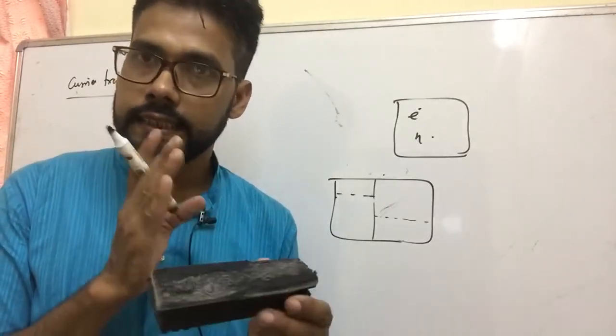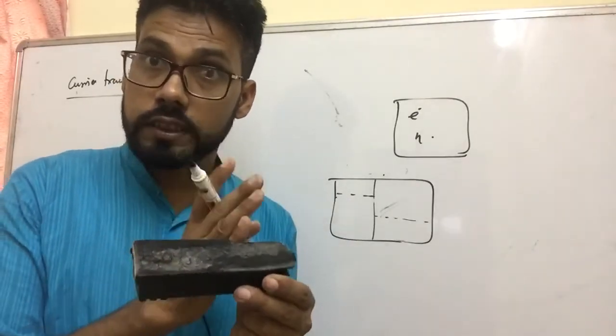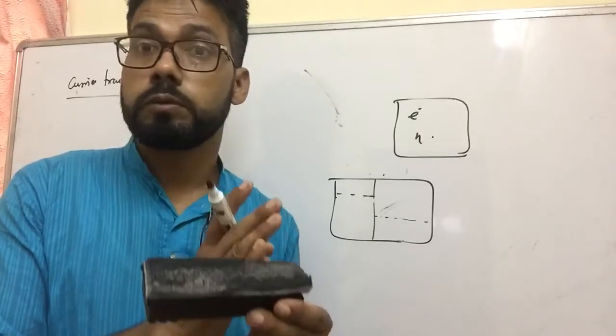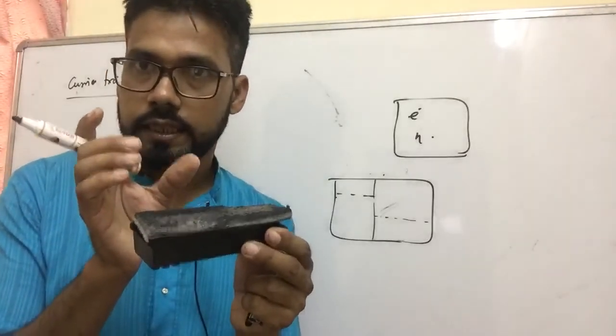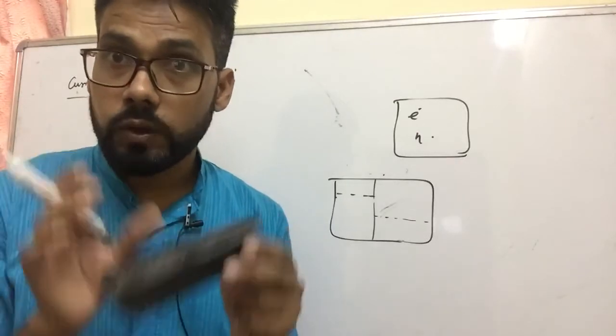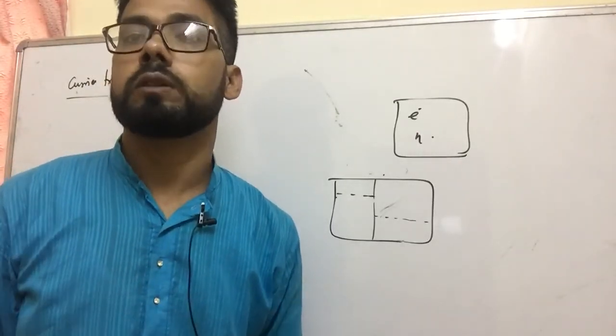As a result of this concentration gradient, carriers from the higher concentration region move toward the lower concentration region to balance it. This phenomenon is known as the diffusion phenomenon in a semiconductor.